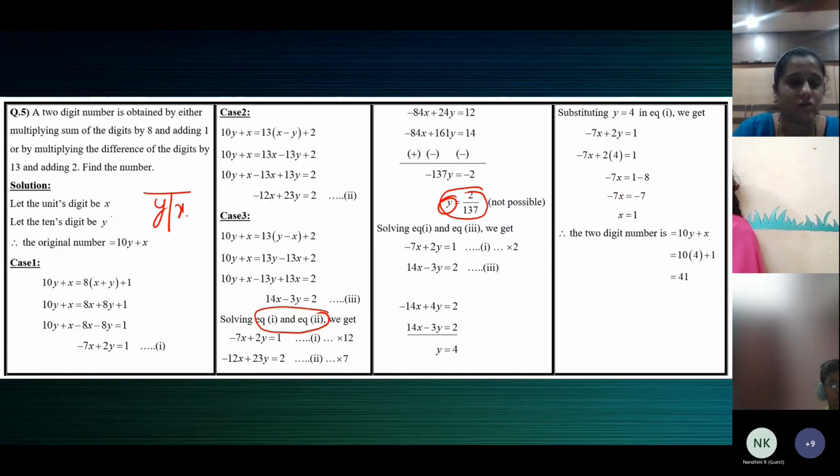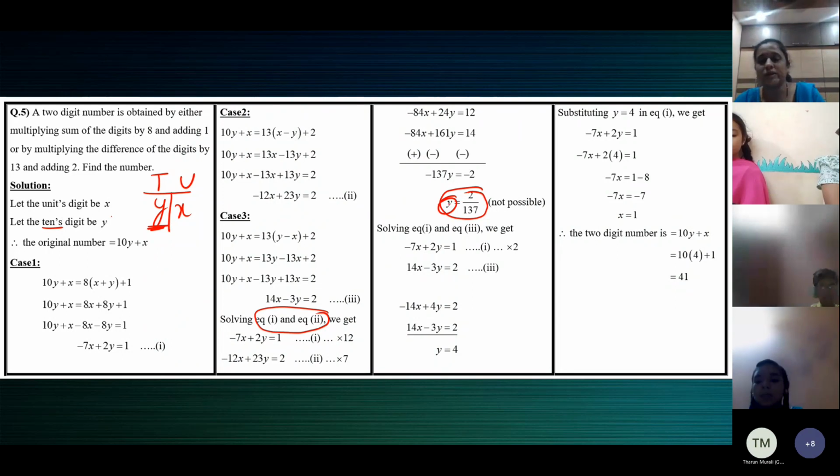Anything can be x and y, I told you. So I have taken the tens digit as y and the units digit as x. Now the tens digit y is a fraction. We know that a digit in a number cannot be a fraction.